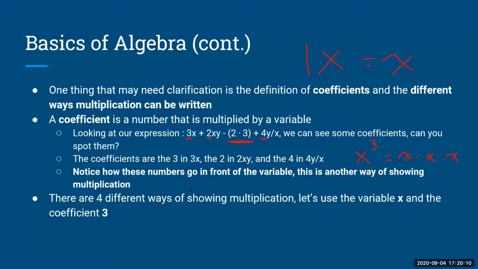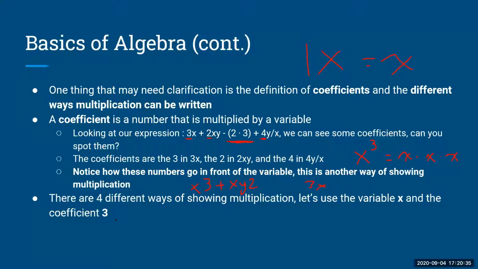It's the same thing, it means the same, but it doesn't look as clean. Everyone's going to look at you funny because everyone's going to be writing 3x. If you want to write x3, I guess more power to you.